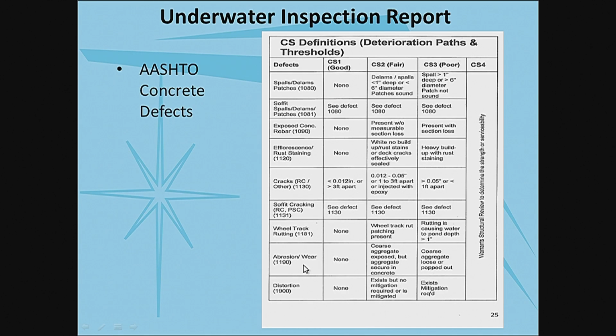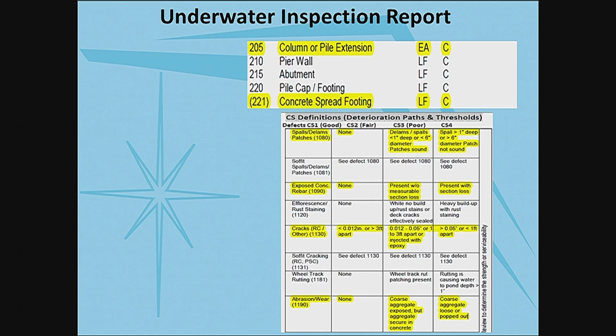There's a lot of abrasion and wear that occurs on columns and footings because of the movement of water and debris. So here's an underwater inspection report highlighting the underwater elements that they will inventory. So a column, pier wall, abutment, pile cap or footing, concrete spread footing, and then the associated defects.